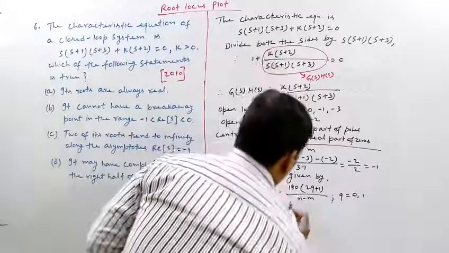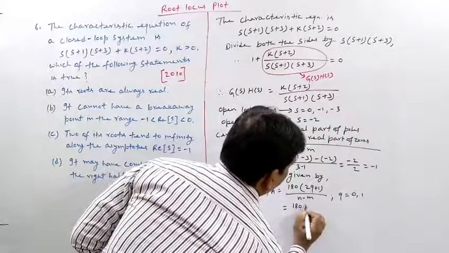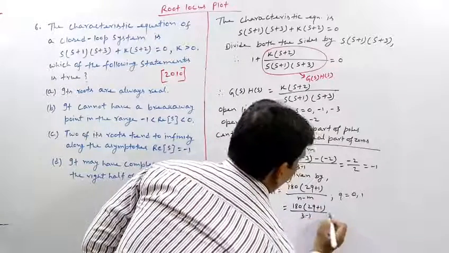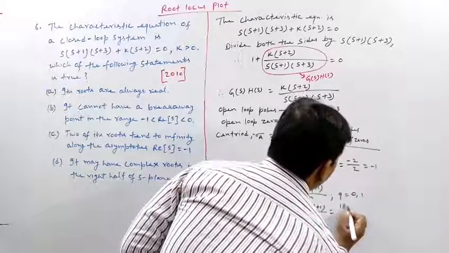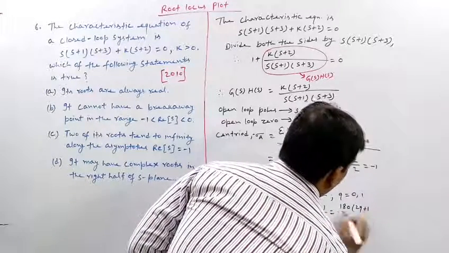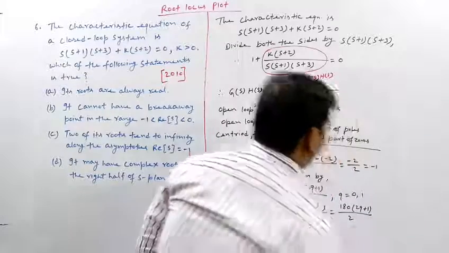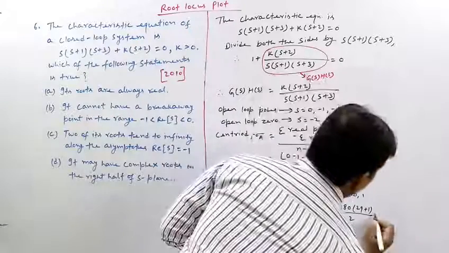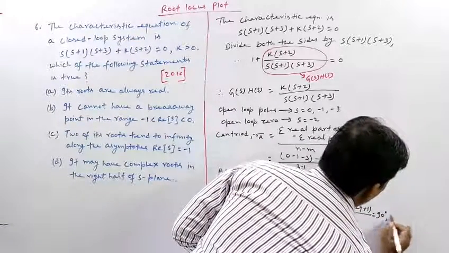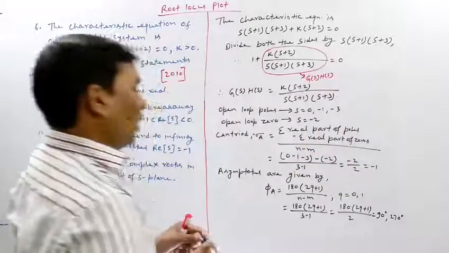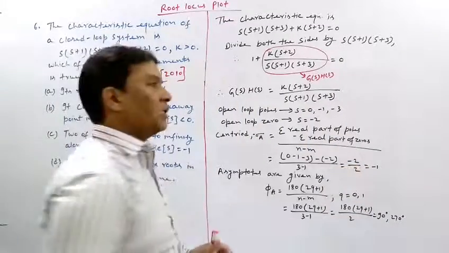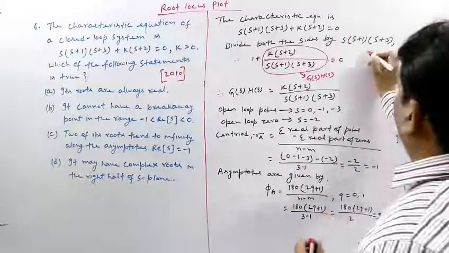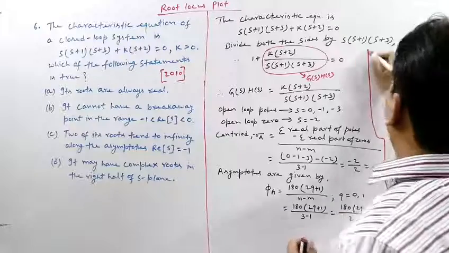So it will be 180 degree multiplied by (2q plus 1) divided by 3 minus 1, that is 2. If we give the value of q as 0 and 1, it will take the values 90 degree and 270 degree. Now based on this information, let us try to draw the root locus.